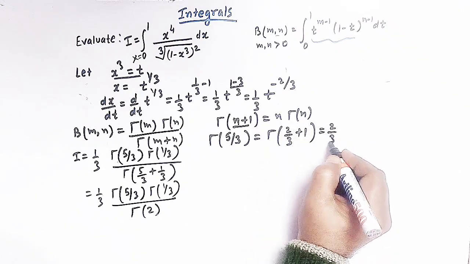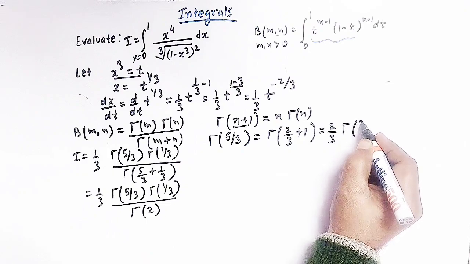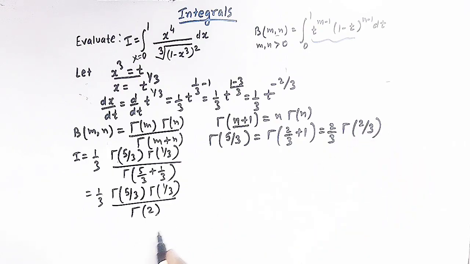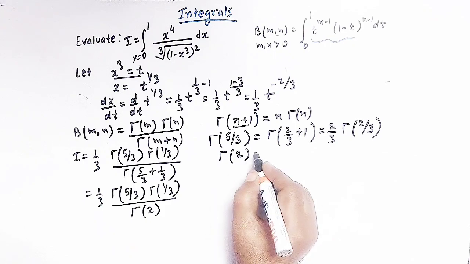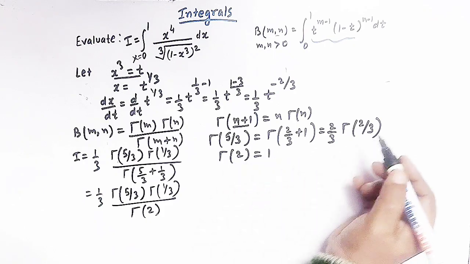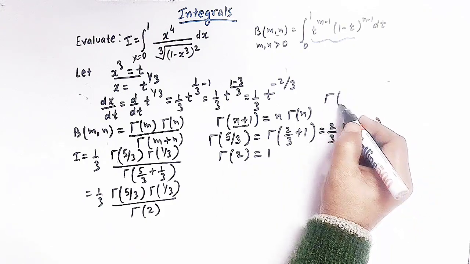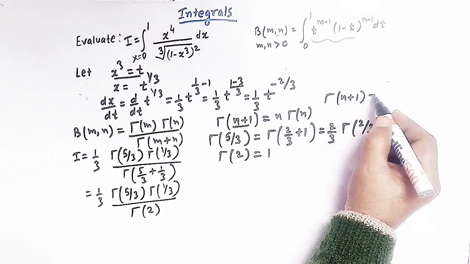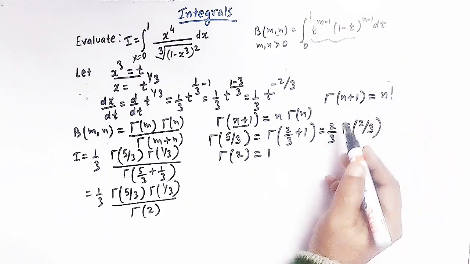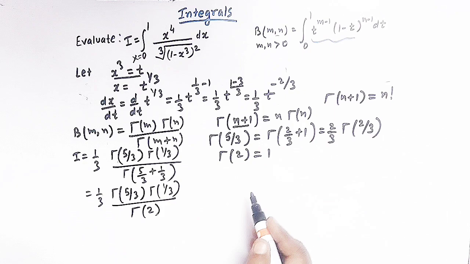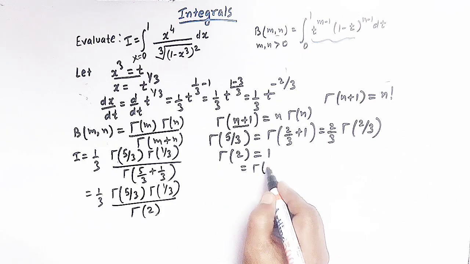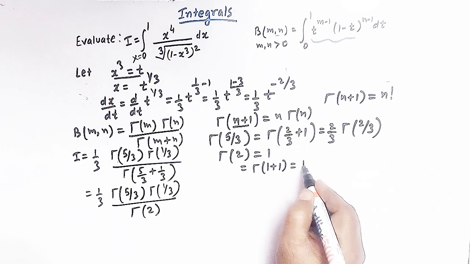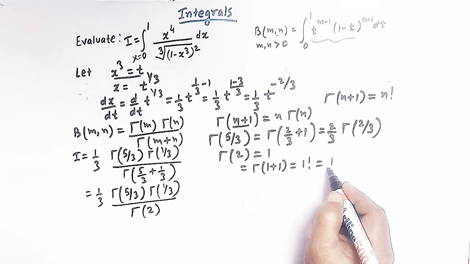So we have 2 over 3 times gamma 2 over 3, and gamma 2 is equal to 1, because we know that gamma n plus 1 is equal to n factorial when n is a positive integer, right? So gamma 2 can be written as gamma 1 plus 1, and that is 1 factorial, that is equal to 1.